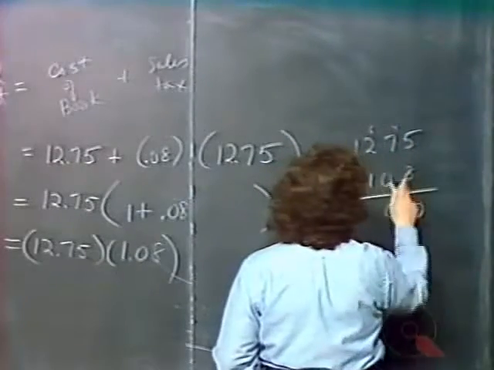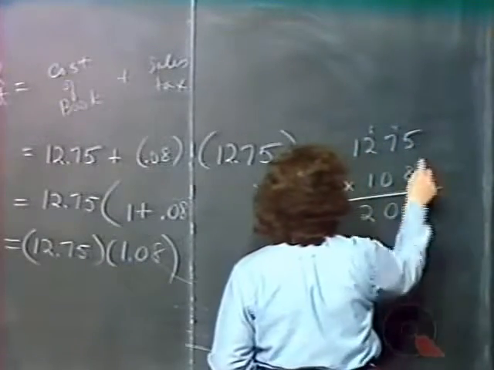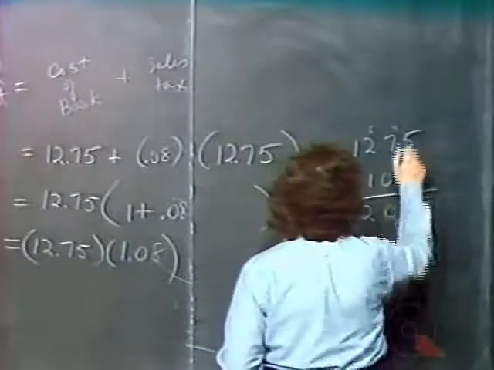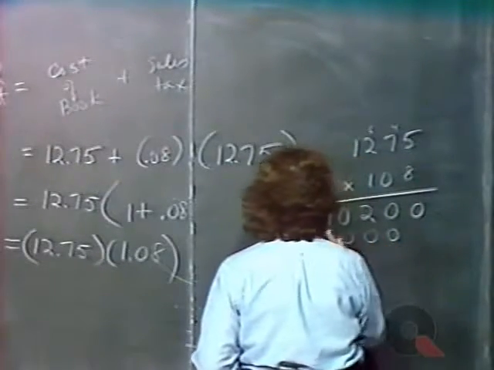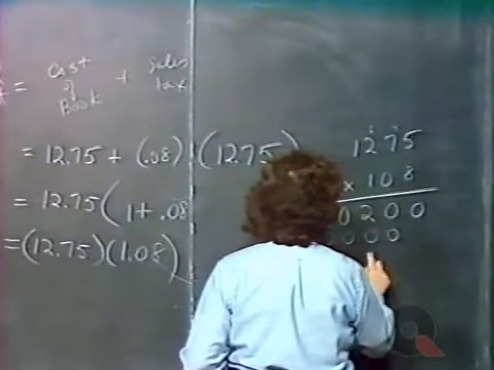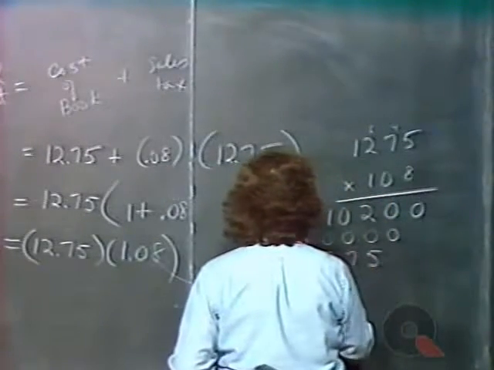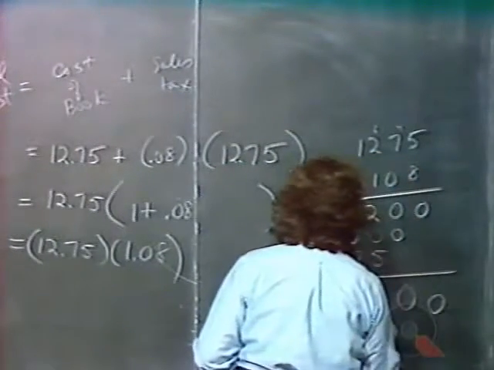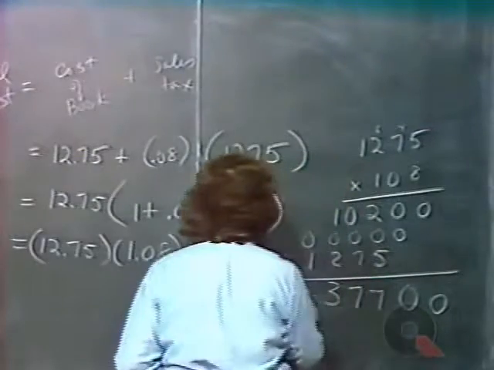Carry the 6, 2 times 8, 16, and 6, 22, 2 and 8, that's 10. Okay, next multiply by zeros. And then indenting one more time, multiply by the 1. 5, 7, 2, 1, 0, 0, 7, 7, 3, 1.